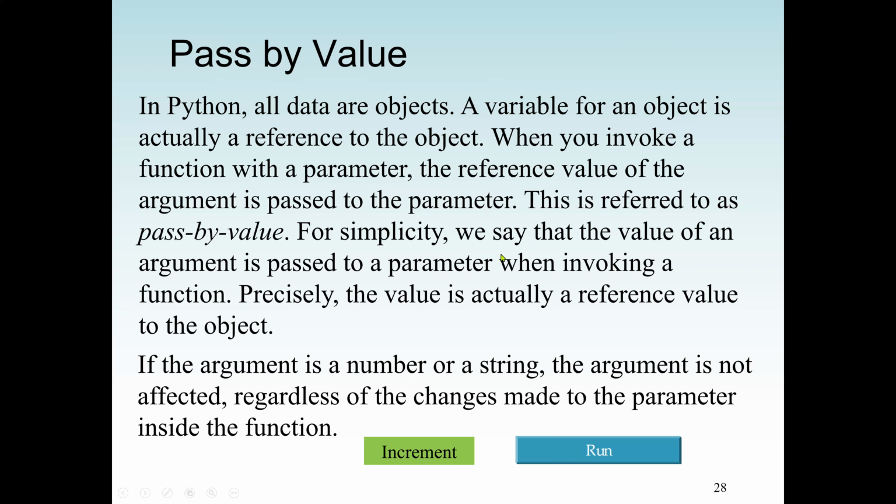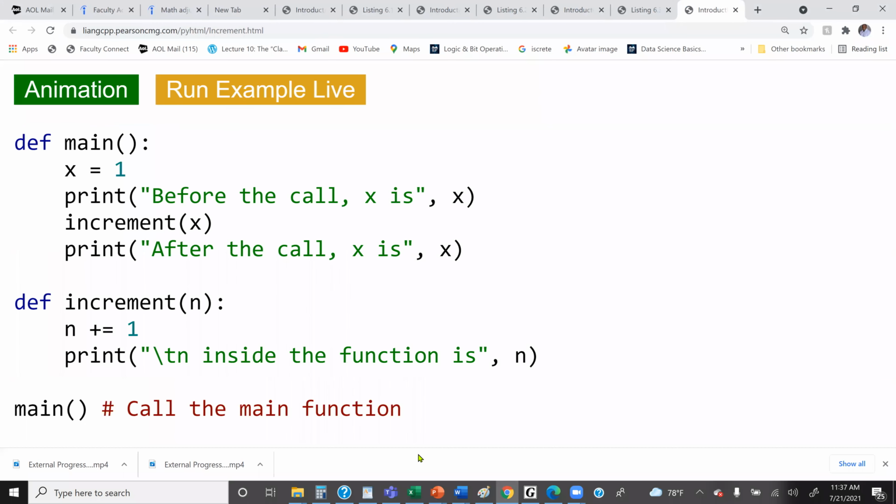For simplicity, we say that the value of an argument is passed to a parameter when invoking a function. And precisely, the value is actually a reference value to the object. Now, if the argument is a number or a string, then the argument is not affected, regardless of the change made to the parameter inside the function. So let's see an example here.